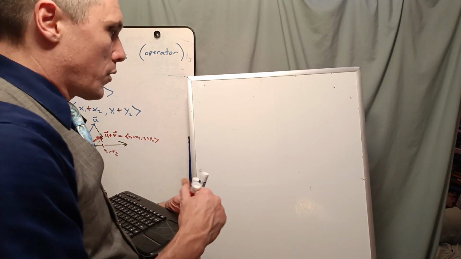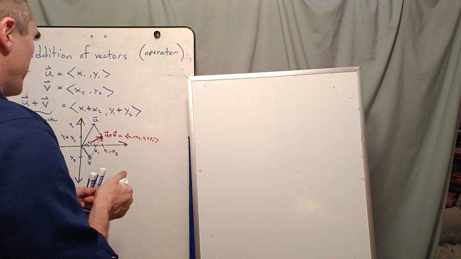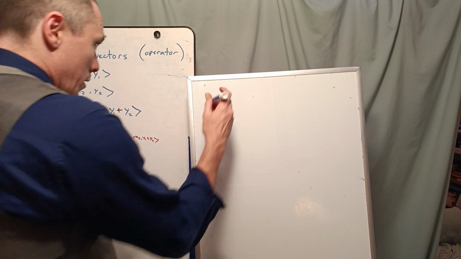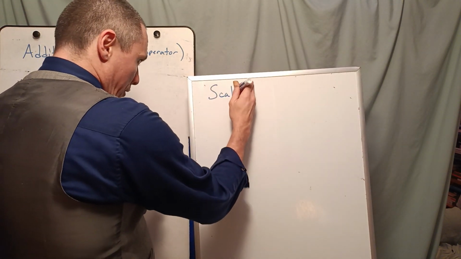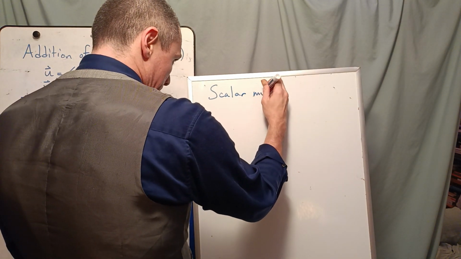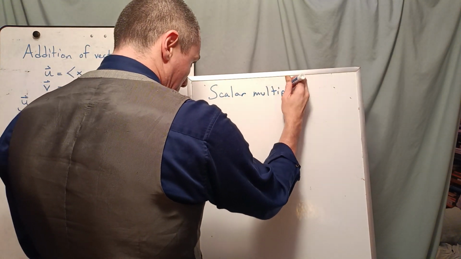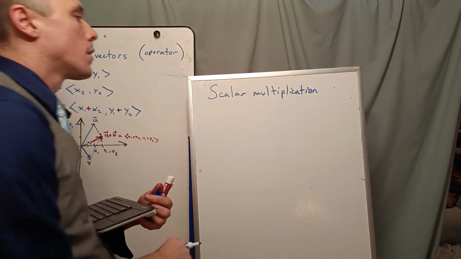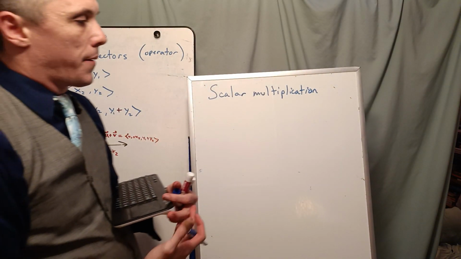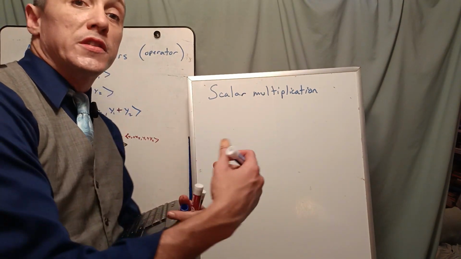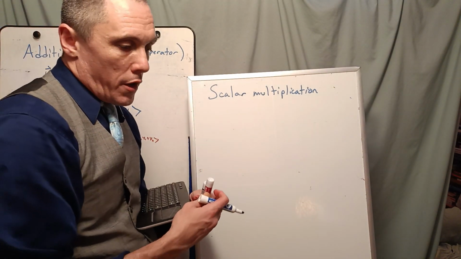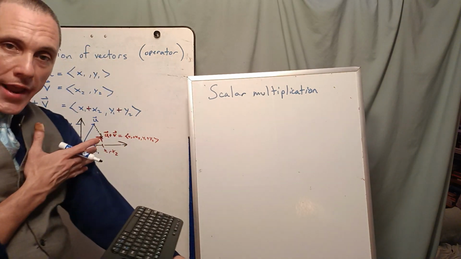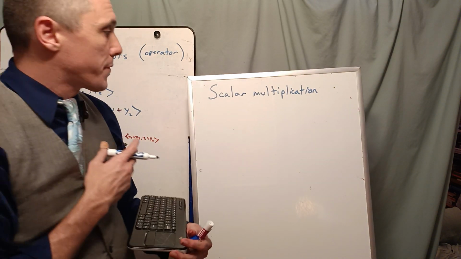Okay, so I keep saying the word scalar. Let's talk about that, because now we want to talk about scalar multiplication. The word scalar comes from the idea of to scale something, meaning to proportionally size it up or size it down, maybe even negatively scale it, which would mean to reverse something about it.